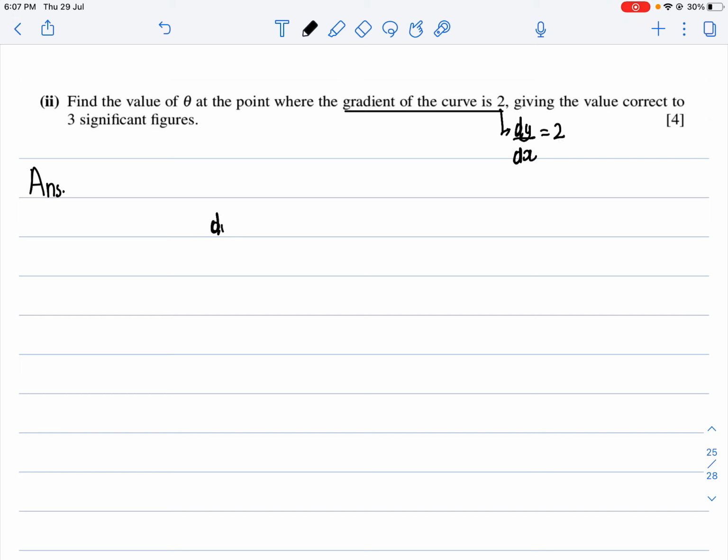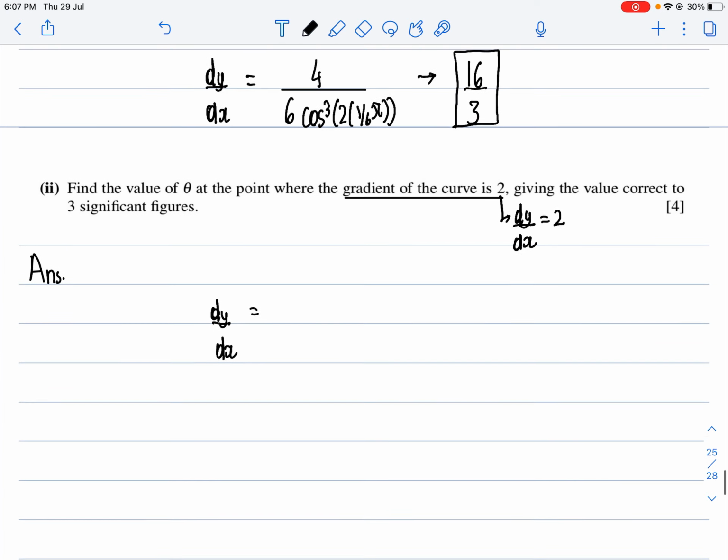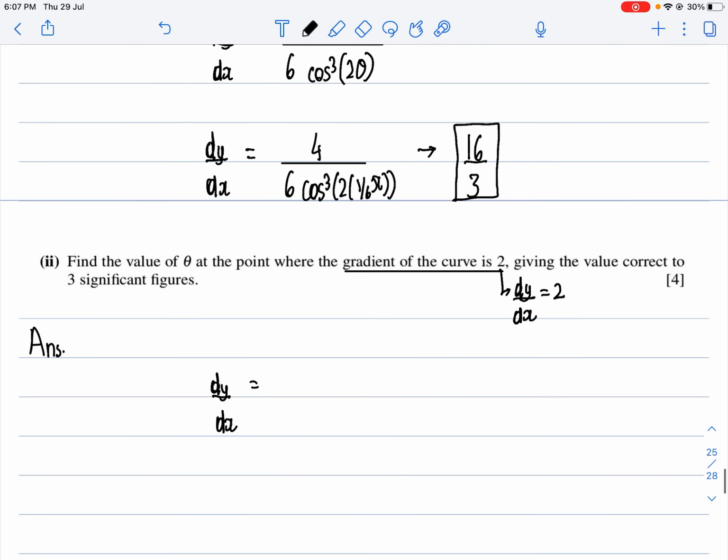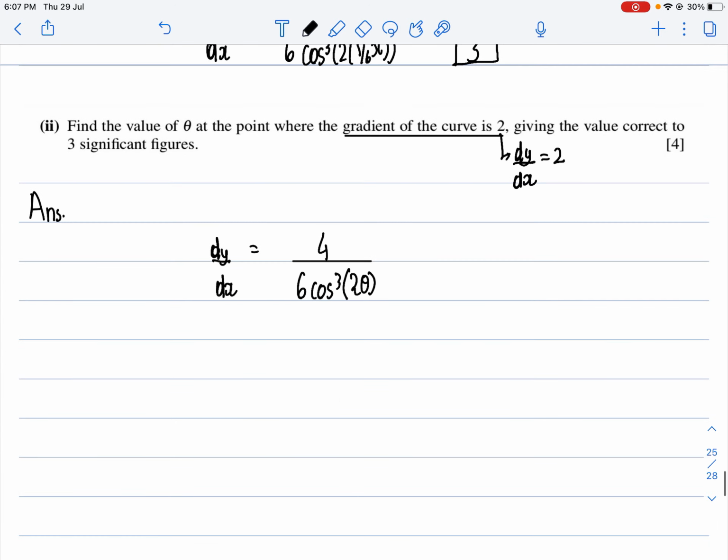So I know my dy by dx is basically, we need to write the function which we have as 4 over 6 cos cube 2 theta, my bad. Correct? This was my function. Now I know this is equal to 2, so I get 2 equals 4 over 6 cos cube 2 theta.